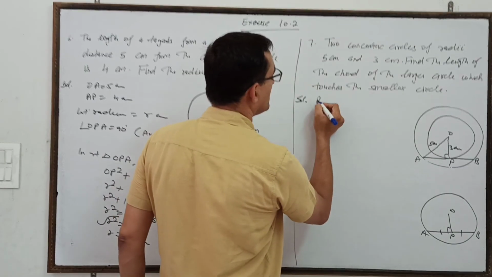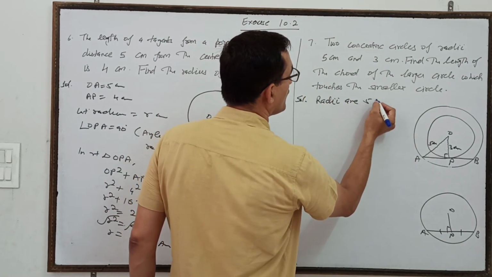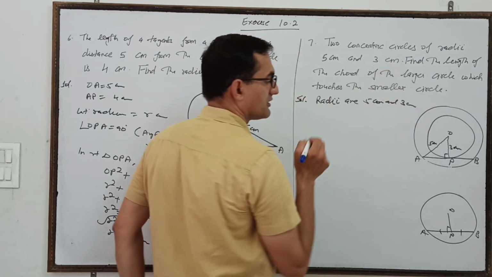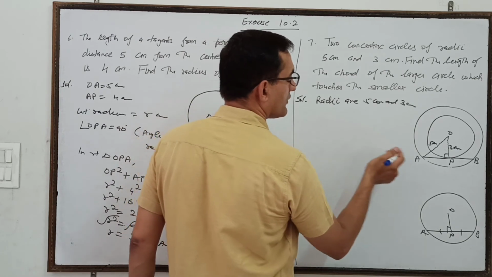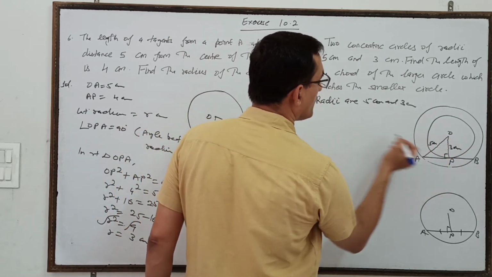सॉल्यूशन. रेडियाई आर 5 सेंटीमीटर एंड 3 सेंटीमीटर, ठीक है। पॉइंट ऑफ कॉन्टैक्ट P, ये है OP.